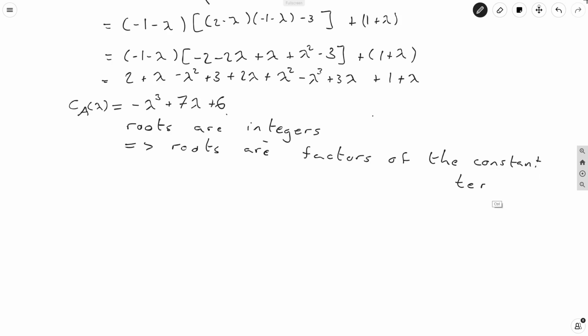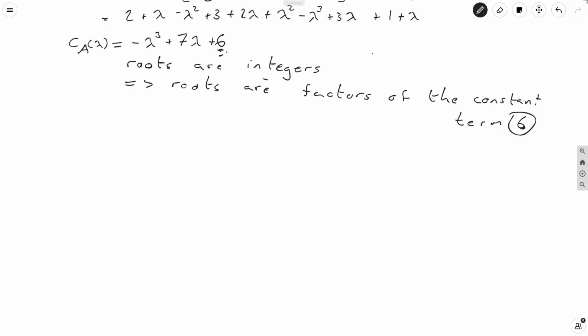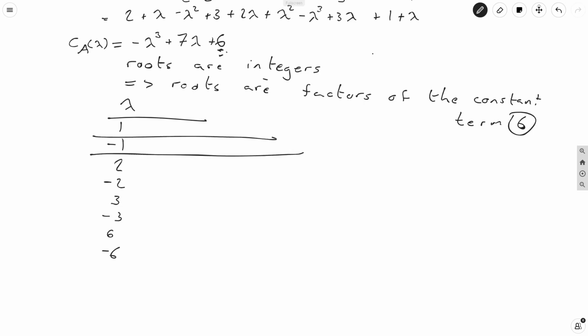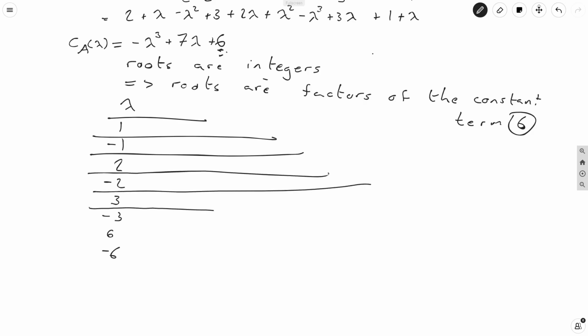Okay, and in our case, this constant term, we just mean 6, which is this term here. It's the term without any lambdas in it. So that means the possible candidates for roots are 1, minus 1, 2, minus 2, 3, minus 3, or 6, minus 6, because these are the only integers which divide 6.